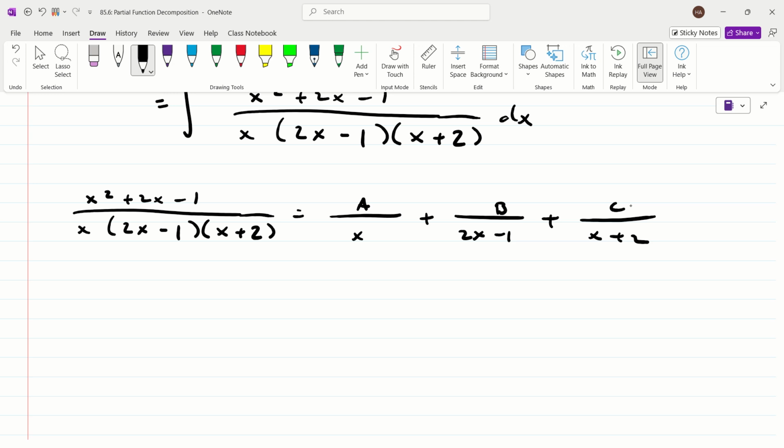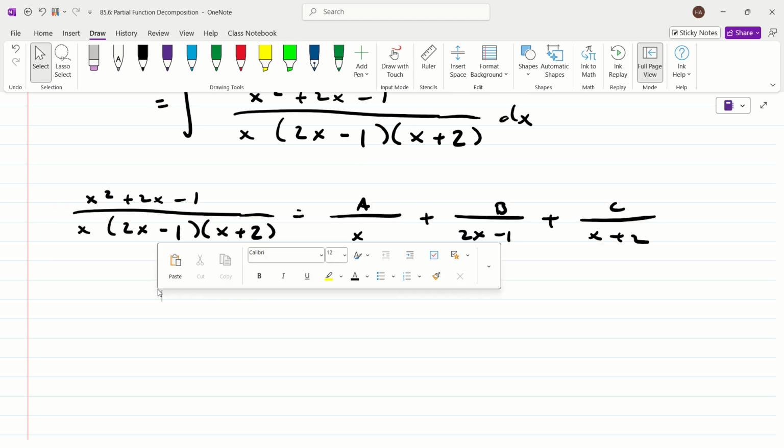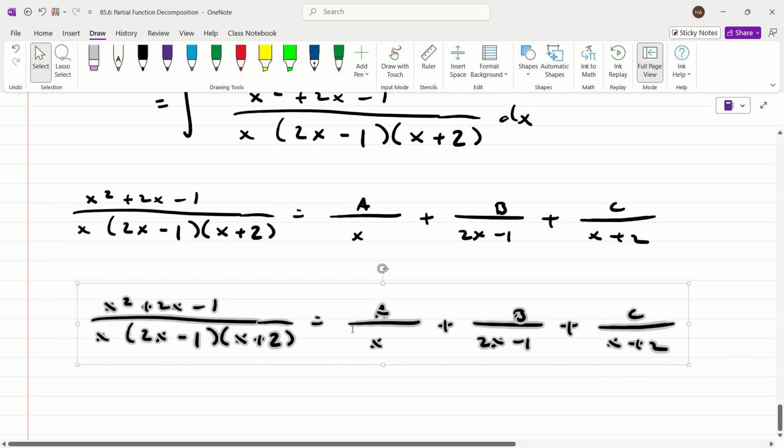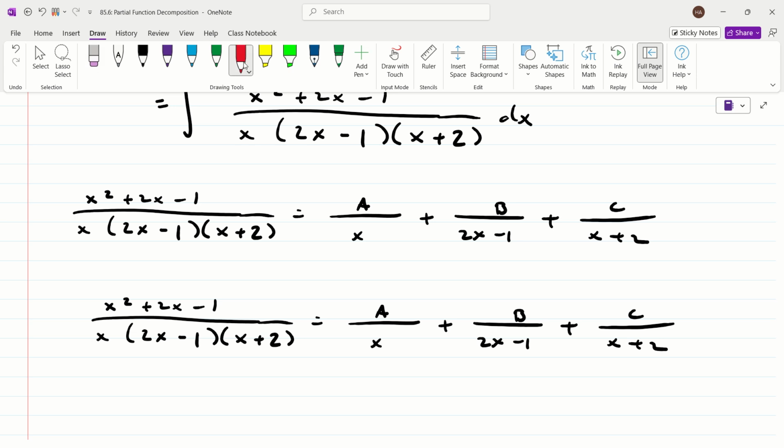As before, you would try to multiply both of these sides by the LCD. In this case, the LCD is x, 2x minus 1, x plus 2.